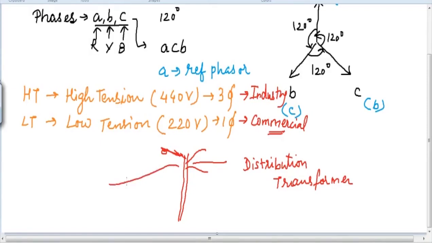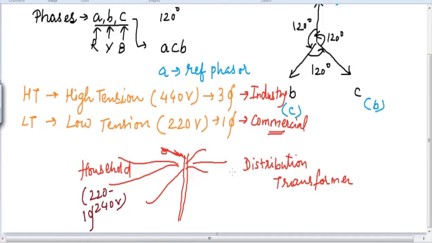Then from this pole, the power supply goes to the various households, and these are 220 or 240 volt single-phase supplies. But when the distribution comes from the distribution transformer, it is a 440 volt supply.